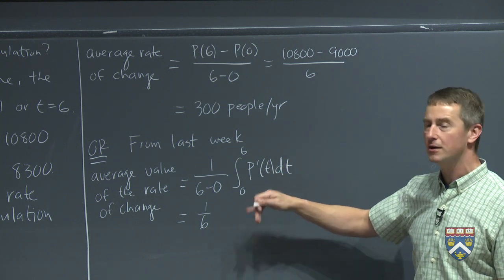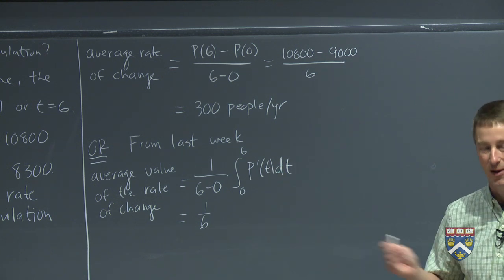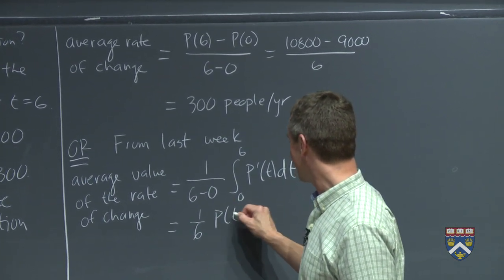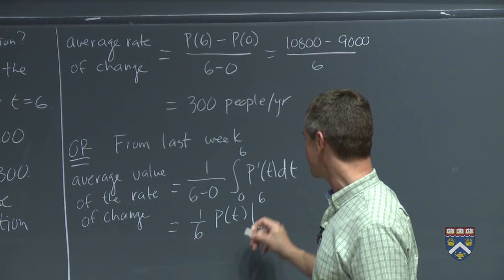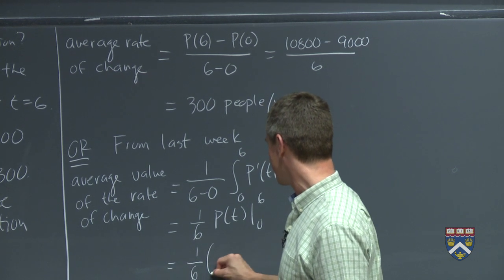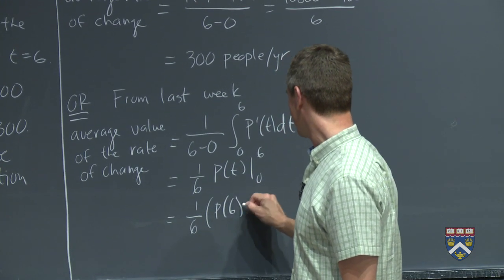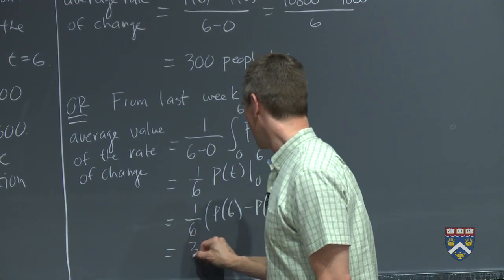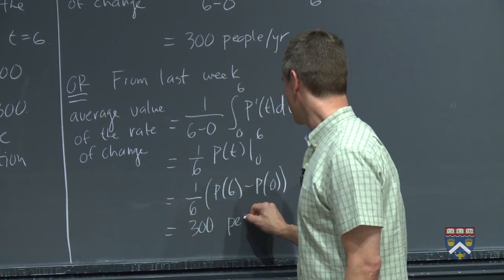It says find a function whose derivative is P prime. Well, what function's derivative is P prime? That's P. So that's P of t evaluated from 0 to 6. And I hope you're starting to see that this is going to give us exactly the same answer: P of 6 minus P of 0, which is going to be 300 people per year that way as well.